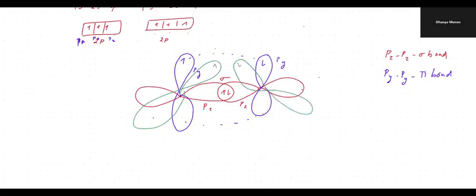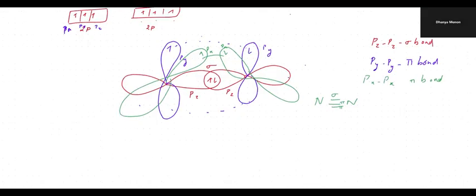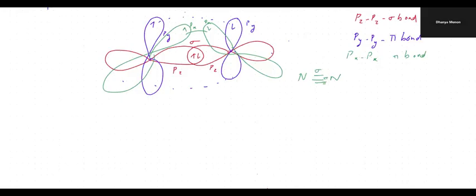There is a pi bond between px and px, also a pi bond. So for nitrogen, nitrogen, 3 bonds are there. One is a sigma bond, formed first, then the 2 pi bonds. So these are the 3 bonds of nitrogen. The nitrogen molecule has one sigma bond and 2 pi bonds, so it has a triple bond.